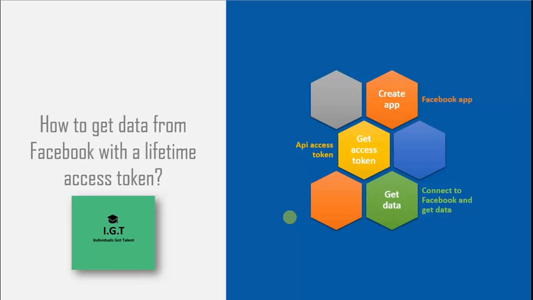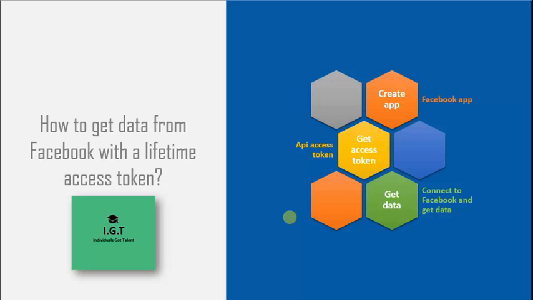So you actually need to manually generate another access token, put it in the code, and get the data. With the process that we follow in this video, you can eliminate this manual process and get the data continuously from Facebook with a lifetime access token.